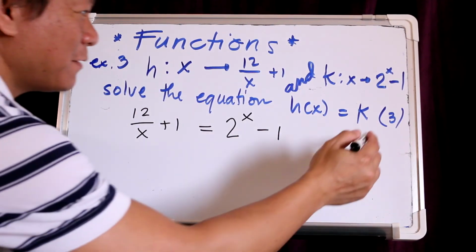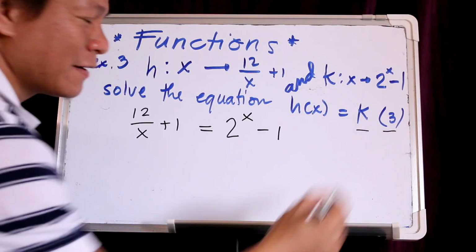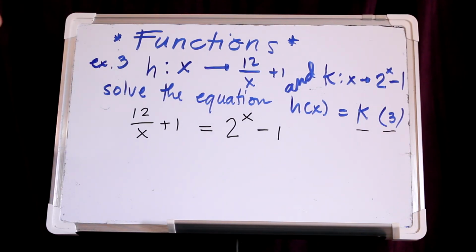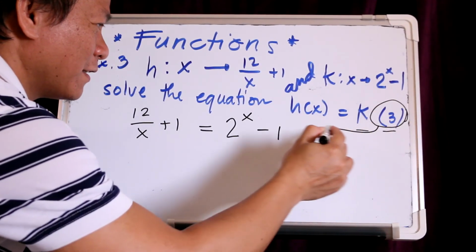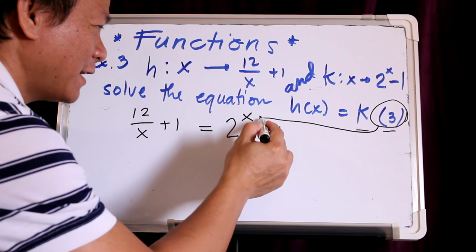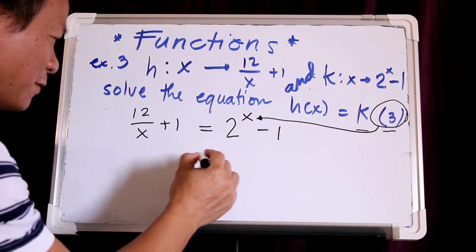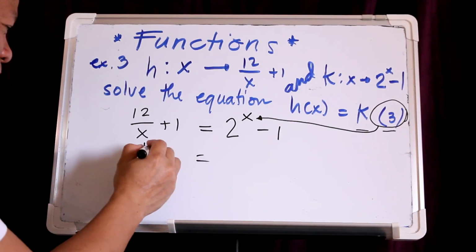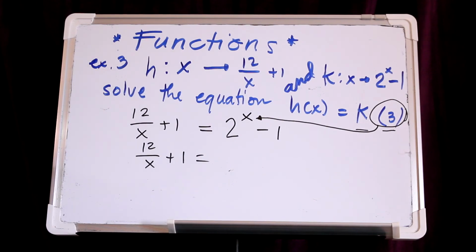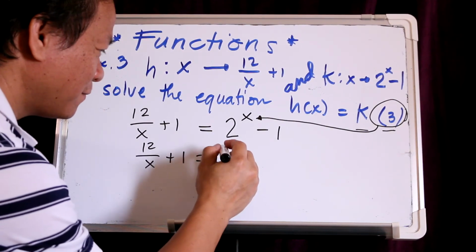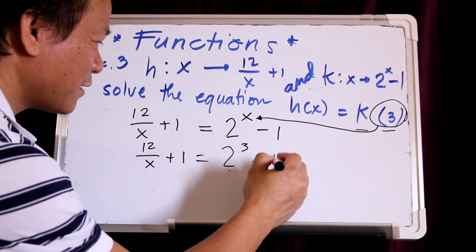But then remember that it is written k of 3. So this means the 3 will go right over there, right? So then we will have 12 over x plus 1, and then you have 2 raised to the power 3 minus 1.